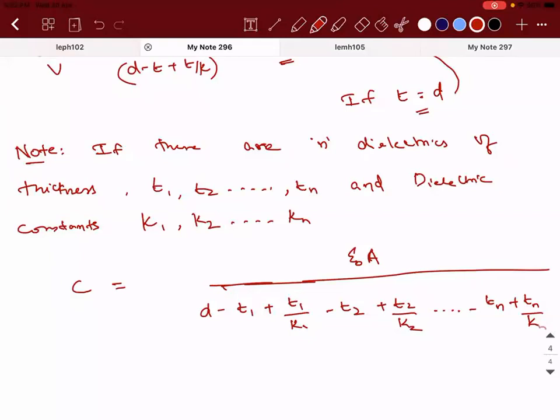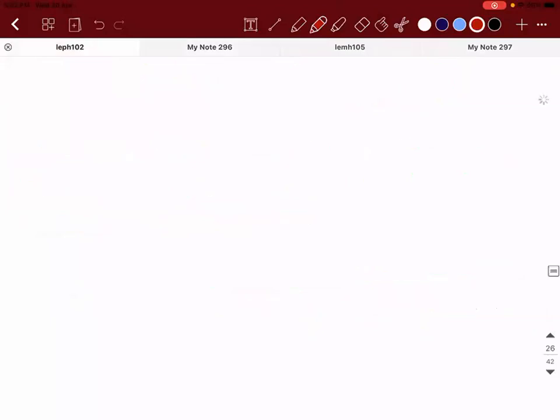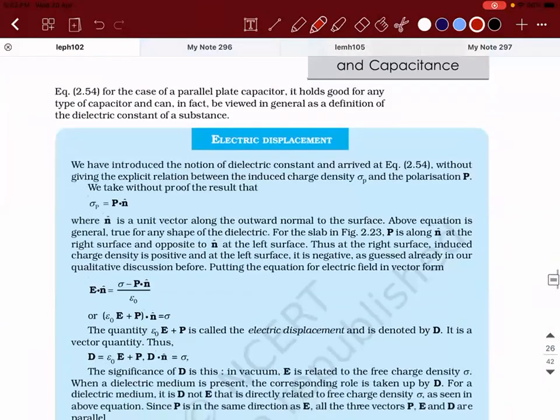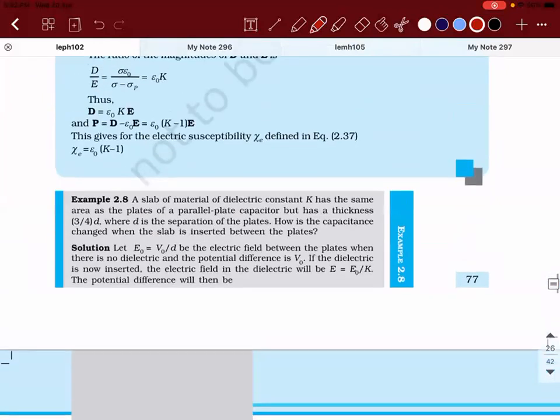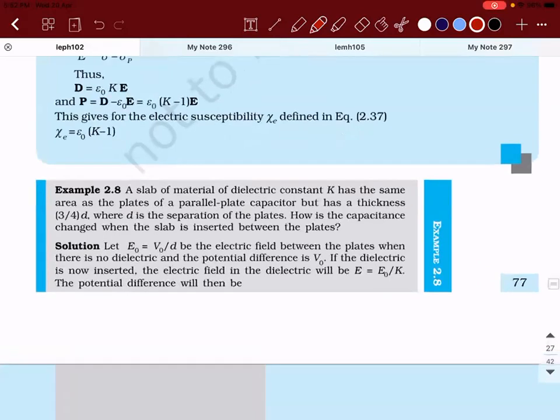So now we'll try out this problem 2.8. You already have the formula. Only thing is, read the question properly, take the data and solve it.